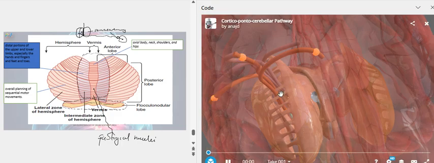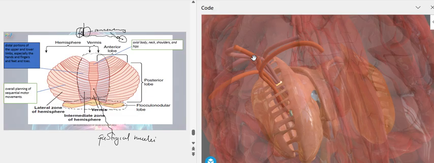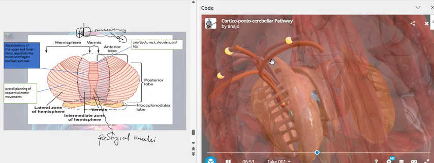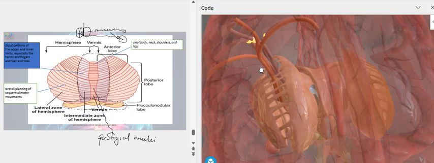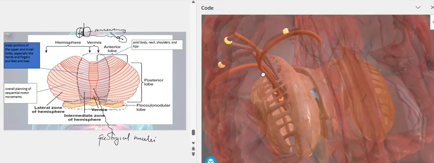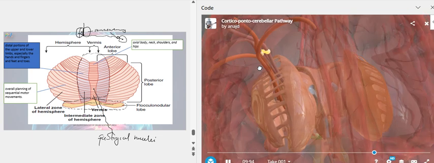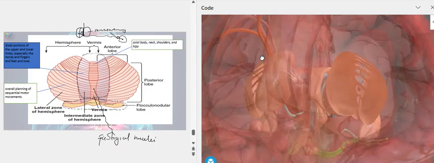If you are able to see in this animation, specifically the red tracts that are sending signal from the cortex going downward, you can just map your signals moving. We are having signal from the cortex, specifically the premotor and also the somatosensory area, sending it straight to the pontine.